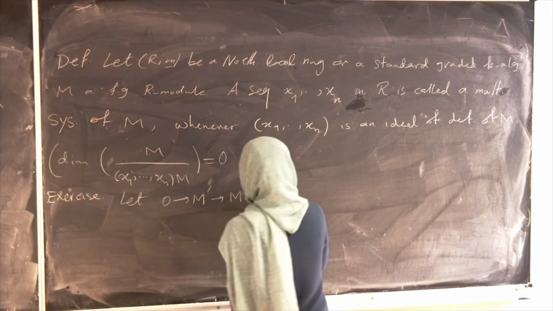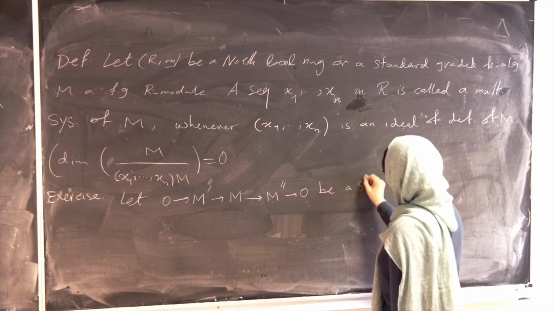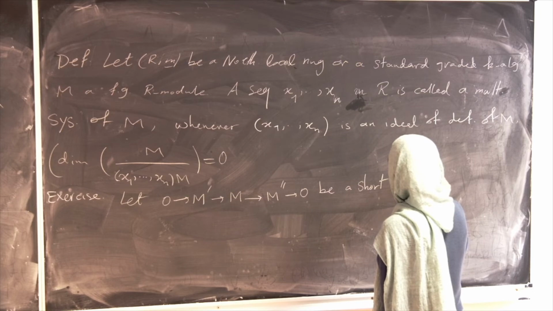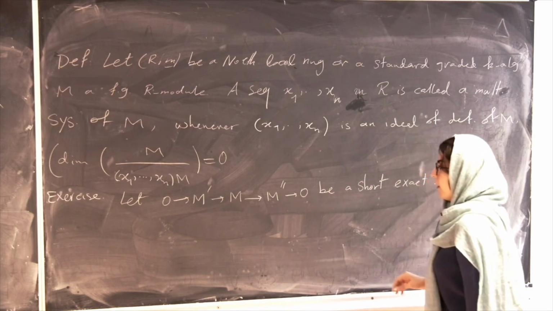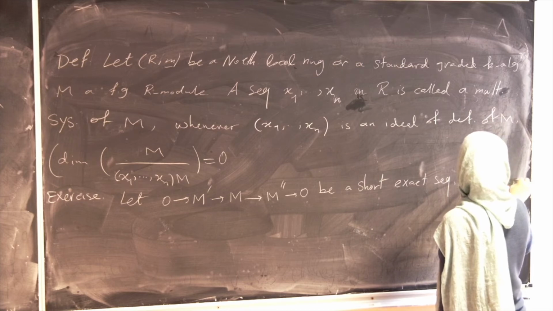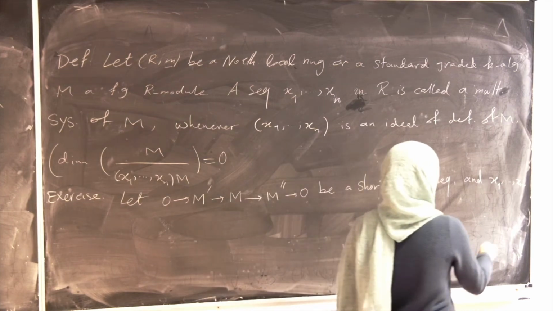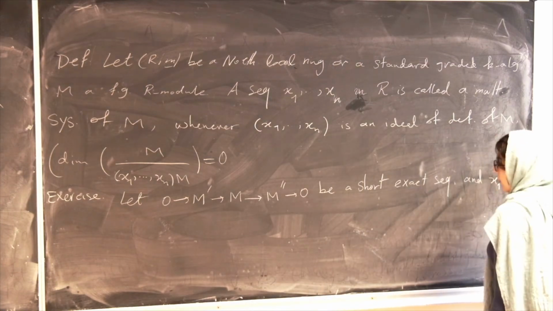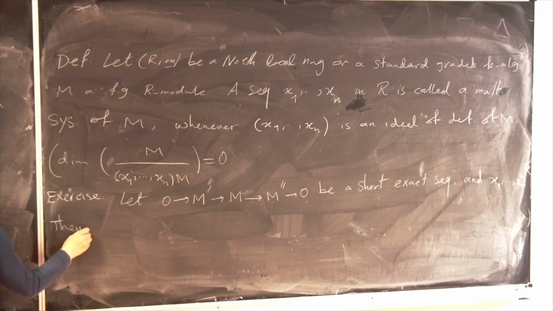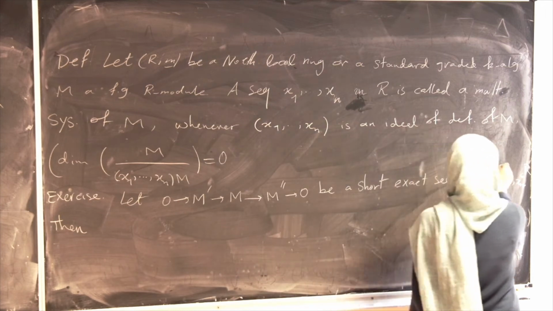Let this be a short exact sequence of finitely generated R-modules, and x1 up to xn be elements in the ring R. I call this sequence just x.